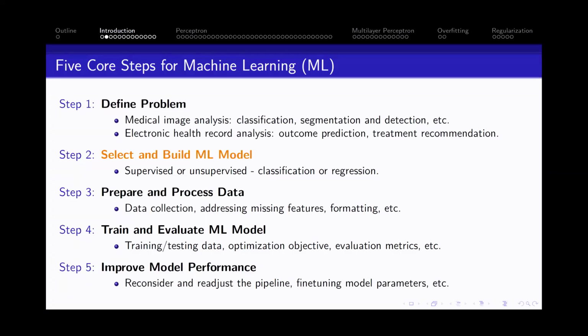And as I said, depending on whether you have supervised or unsupervised, or whether you are dealing with classification or regression, you may choose any of those models we saw in the previous slide. Then you may need to do some data preprocessing and data preparation before feeding your data into the model, machine learning model. And in the next step, you needed to train and evaluate your model.